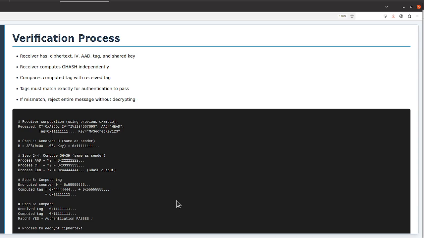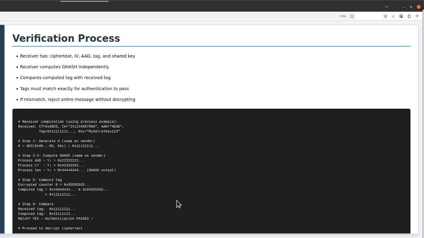Continuing from our previous example, the receiver has ciphertext 0xABCD, IV 1234567890, AAD "head", tag 0x11...11, and key "my secret key 123". The receiver performs exactly the same GHASH computation.